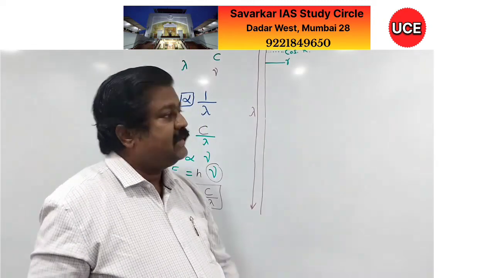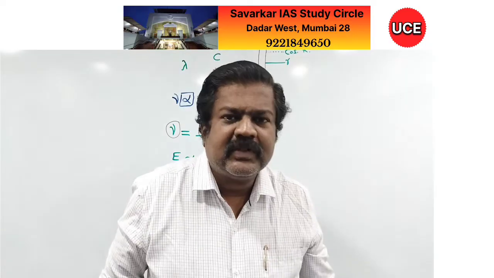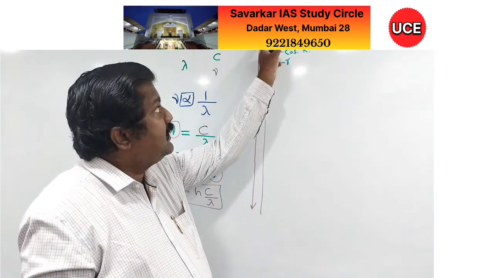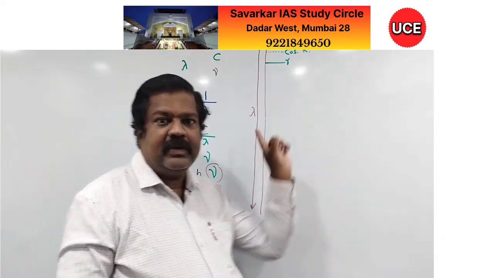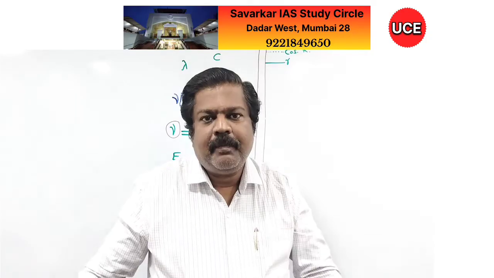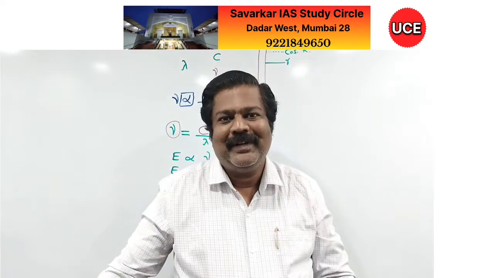This radiation, that is gamma, has a very small wavelength. Here the wavelength is smallest, in the range of 0.1 angstrom. What is angstrom?